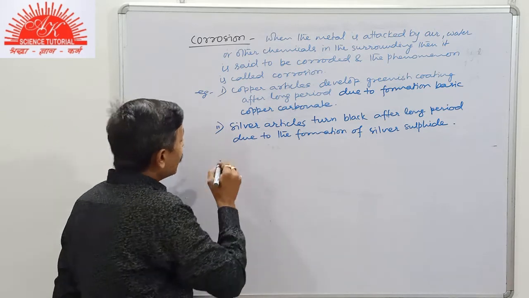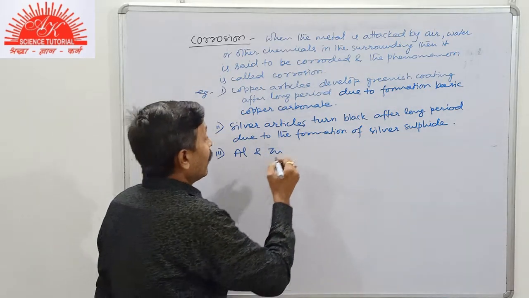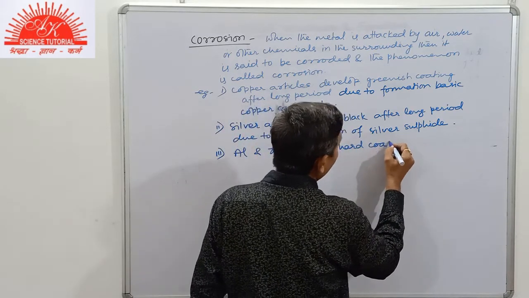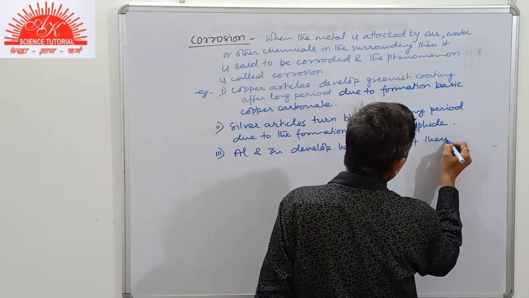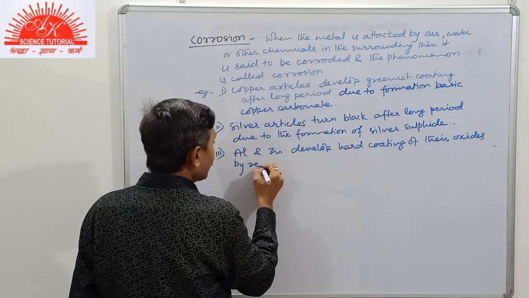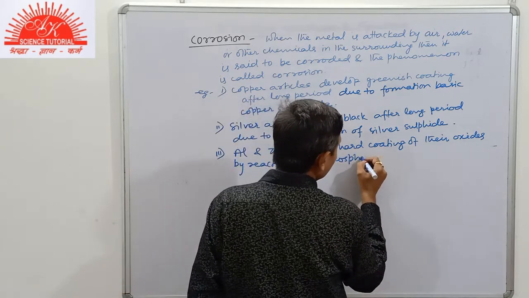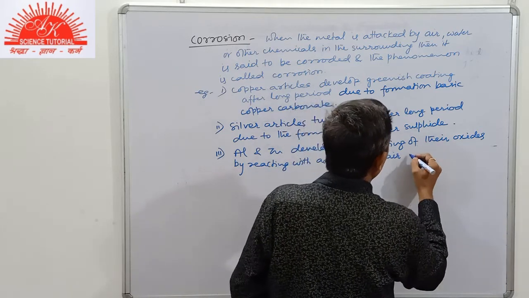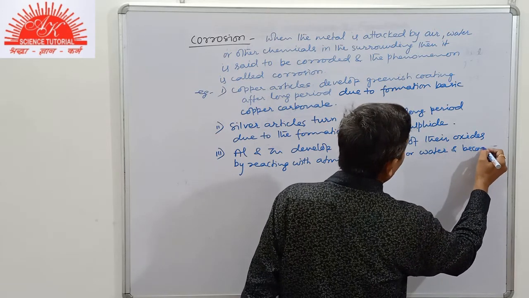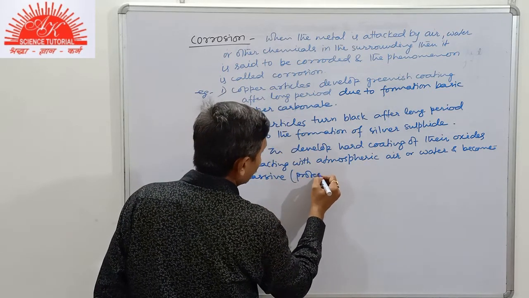Now, some metals like aluminium and zinc develop a hard coating of their oxides by reacting with atmospheric air or water and become passive, that is, protected.